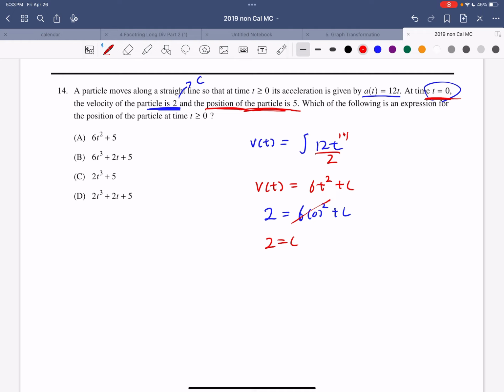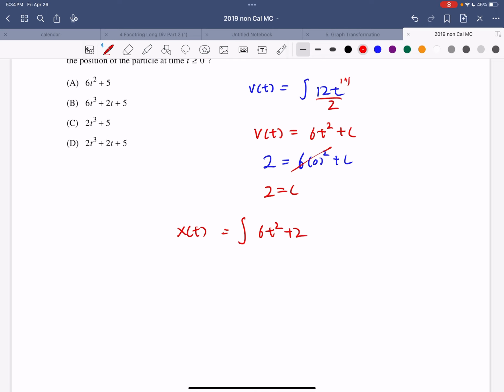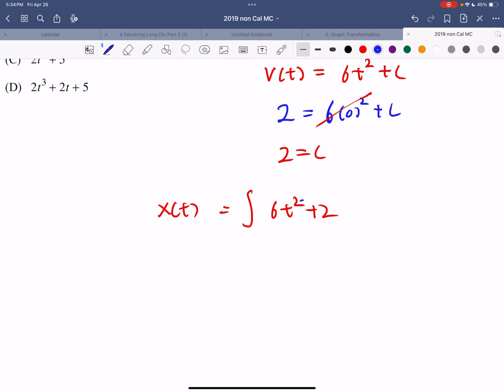When t is equal to 0, velocity is 2, and position is 5. So let's do the antiderivative one more time. The antiderivative of 6t squared plus 2, because now we know what c is, is the position. And when you antiderive it, plus 1 divided by 3, it's going to be x of t equals 2t to the third power plus 2t plus c.